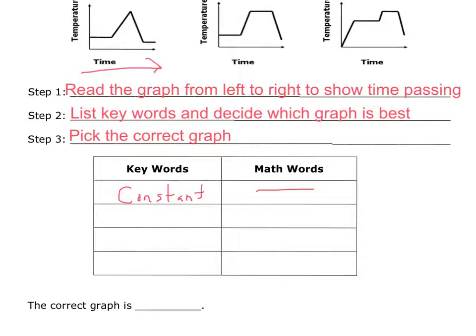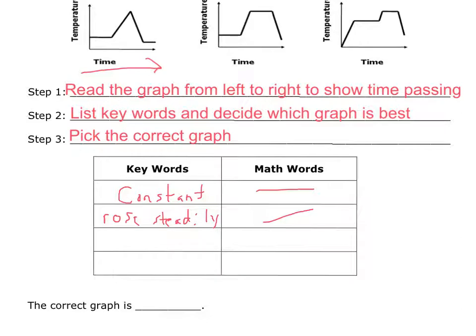The second one in the sentence we read up top was rose steadily. And when you rise steadily, you're just going to have a slightly upward slanting line.